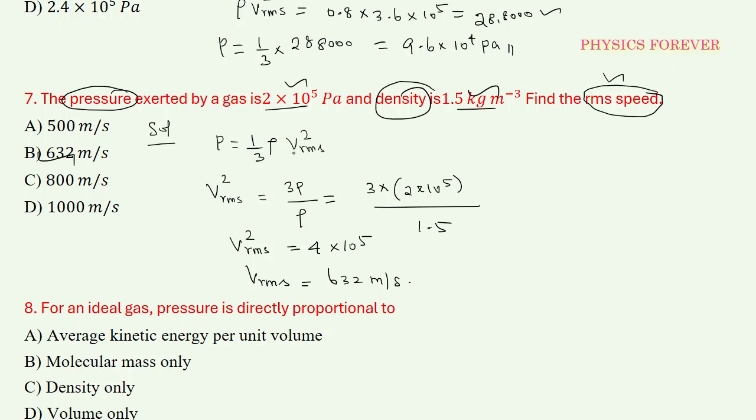We just rearrange the standard formula, substitute the given data from the question, and then do a simple calculation to get the result. In this way we solve the problem.